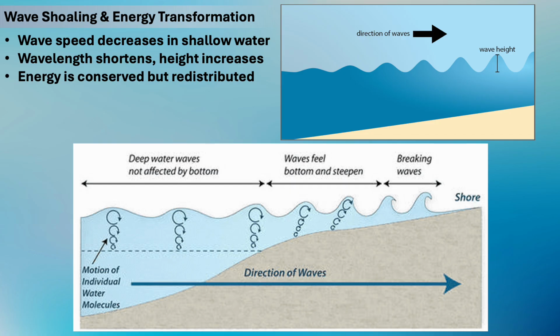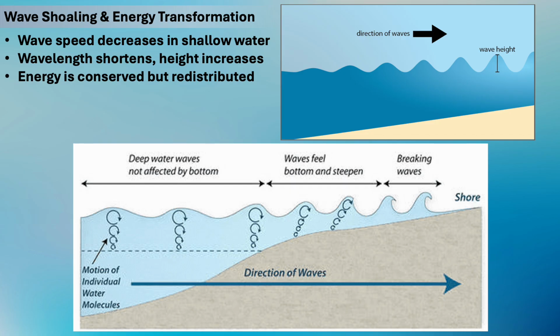Energy conservation is key here. The wave is carrying the same amount of energy it had offshore, but now that energy is distributed over a shorter horizontal distance. The result is increased wave height and steepness, as you can see in the illustration here.